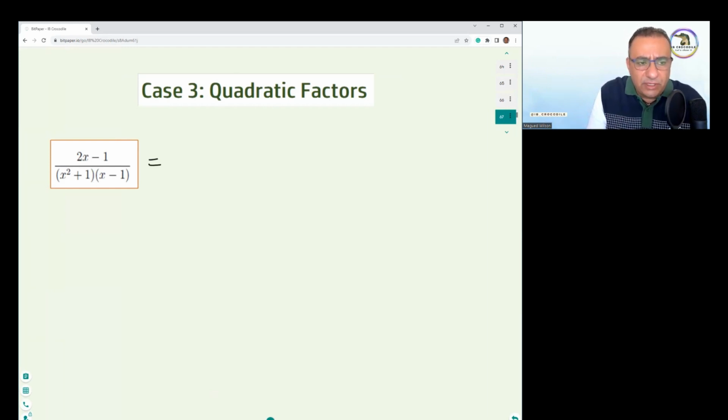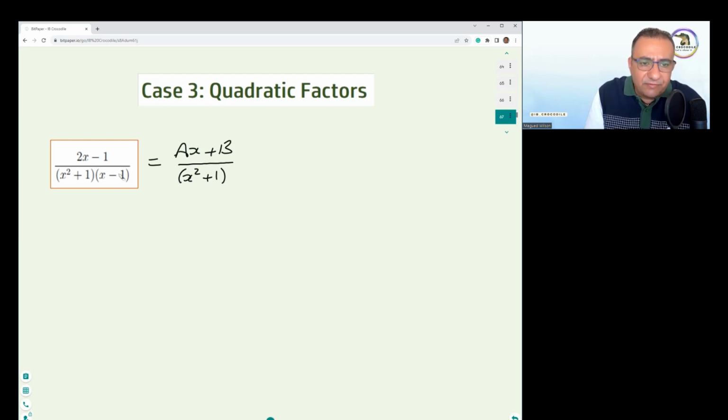Okay, so if you say, okay, I need something over x squared plus 1, right? Now x squared plus 1 is quadratic. So the numerator has to be 1 degree less. So that's why we need to put Ax plus B. So I have to put just a linear, right, to the power of 1 to be 1 degree less than the denominator.